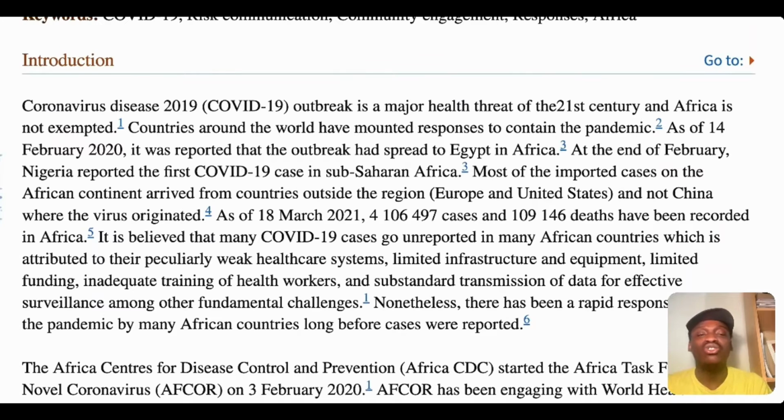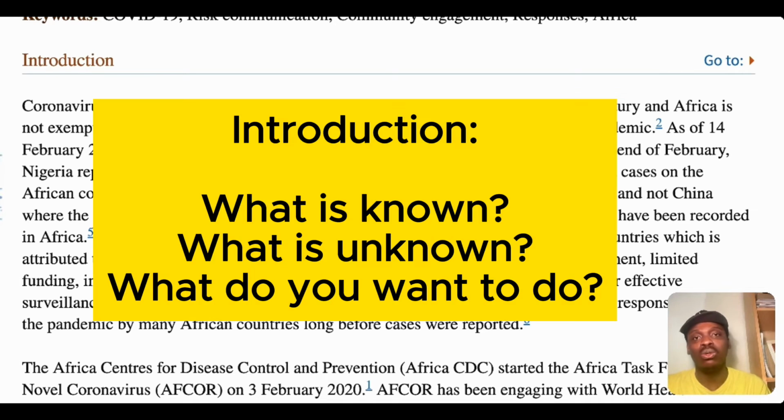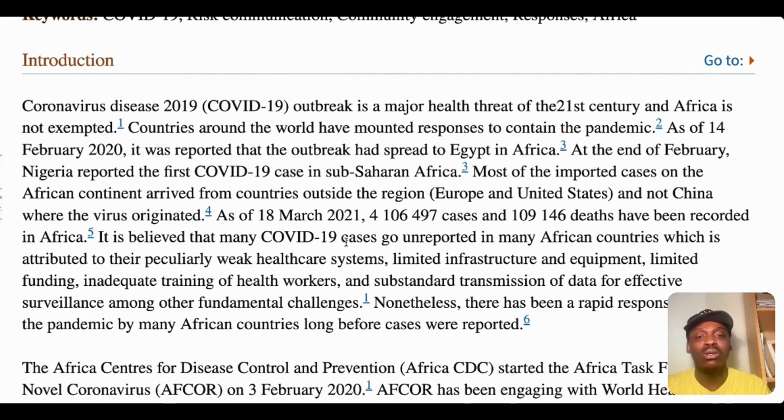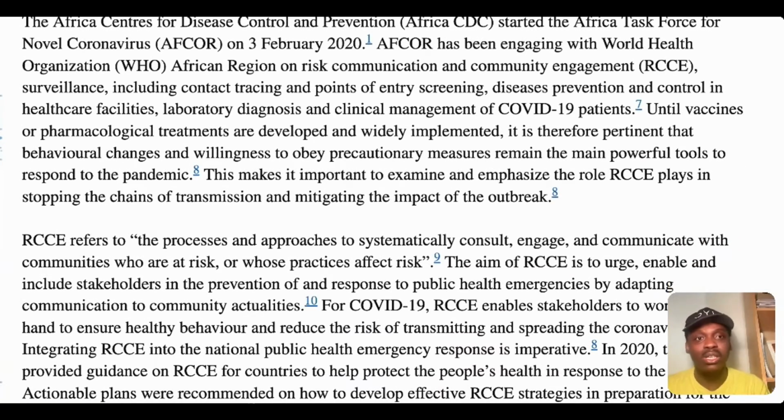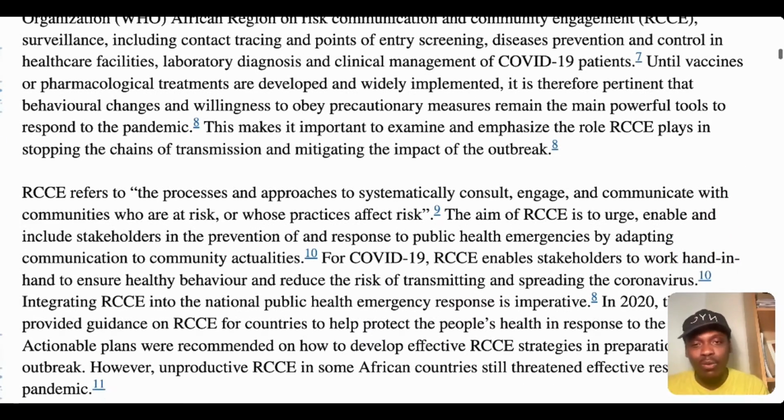Now, another interesting part of a narrative review is the introduction. An introduction mainly contains what is known, what is unknown, and what exactly is the aim of your narrative review. You can see here that we started with a broad overview of what COVID is all about, and we moved down to talk about RCCE briefly, and to give an overview of what we know about that particular area.